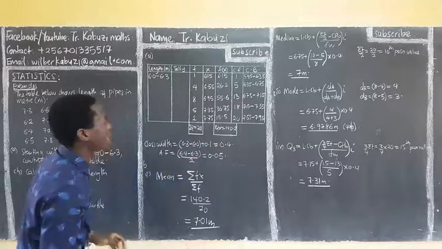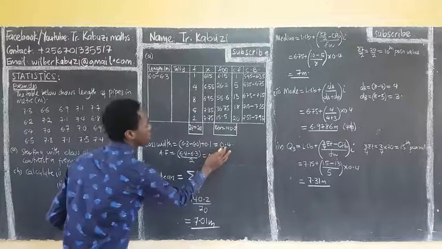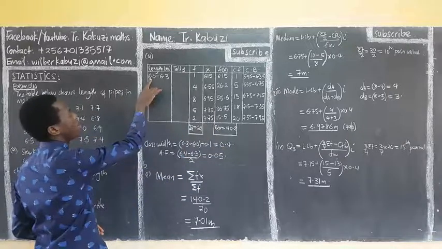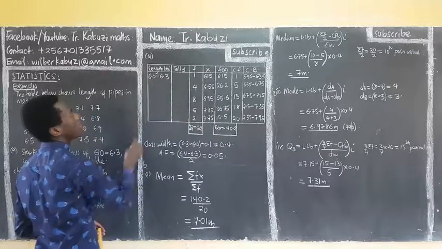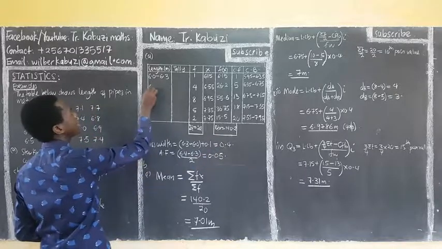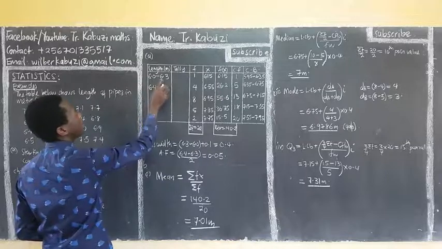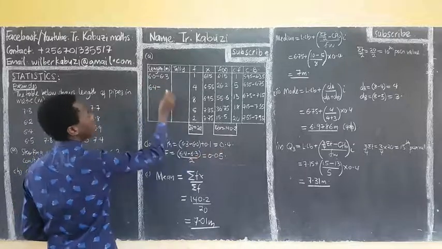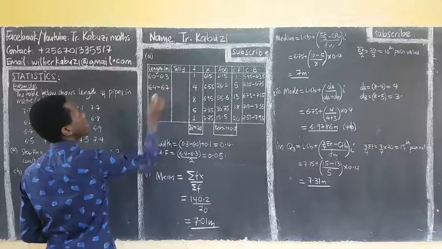To get the other classes, you add this class width to the lower limit, and you get the next lower limit. So when you add 0.4 here, I'll get 6.4. Then when you add it here, you get 6.7.